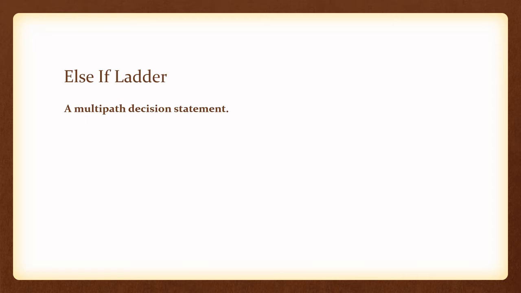But there is no provision to check another condition in the else part. In case you wish to check another condition, you have to embed one if statement within the else block. But here, if you are using the else if ladder, you can check conditions even in the else part by using the if statement.